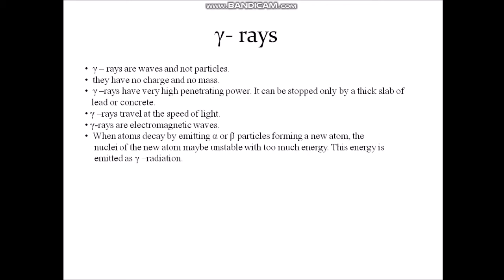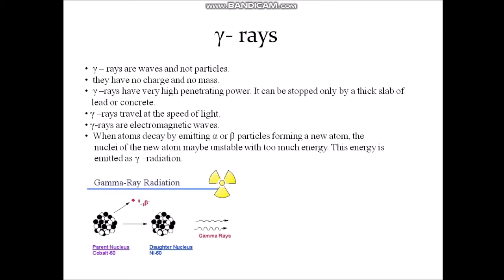When they undergo an alpha or beta emission, they form a daughter nucleus, and this daughter nucleus may be unstable. So for it to be stable, it tends to emit gamma radiation. And this gamma radiation has very, very high energy, and this energy is emitted as gamma radiation.